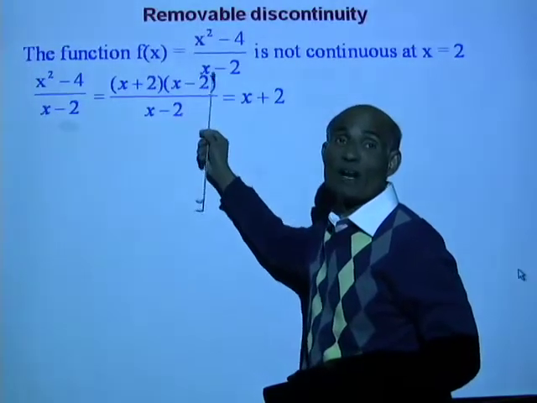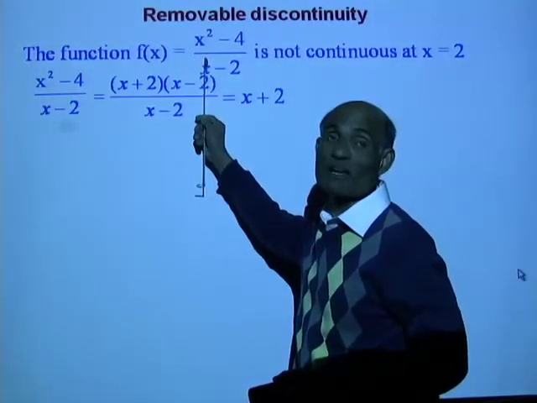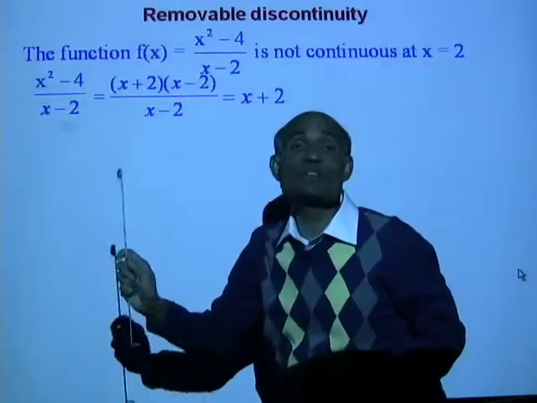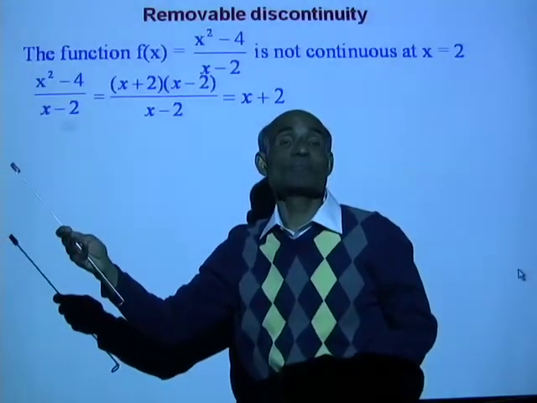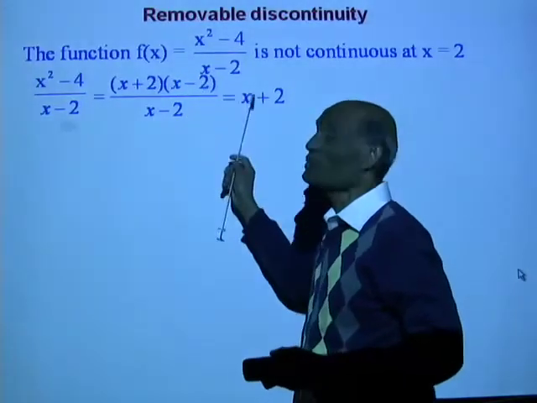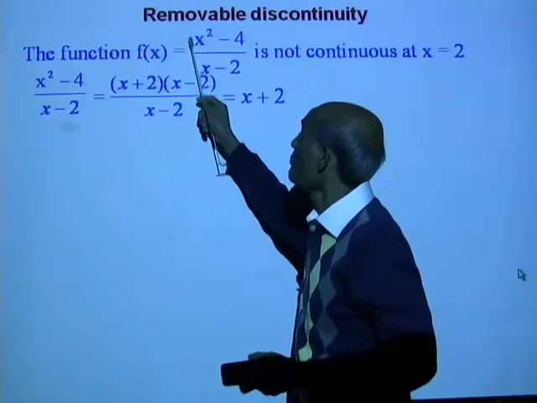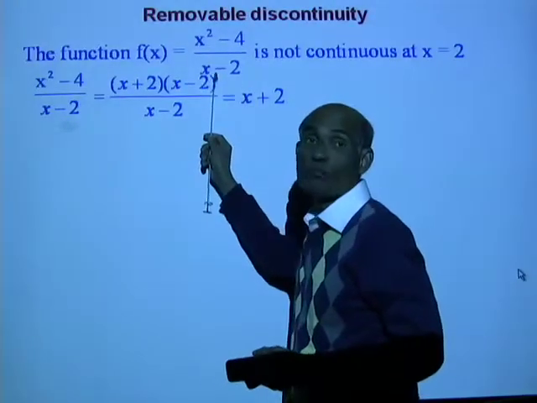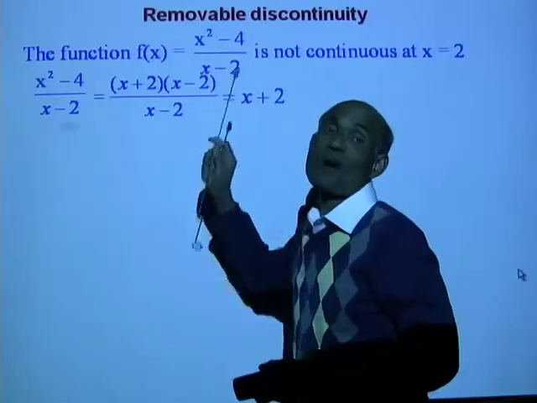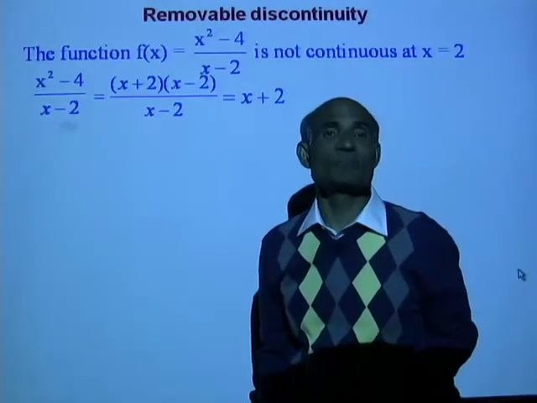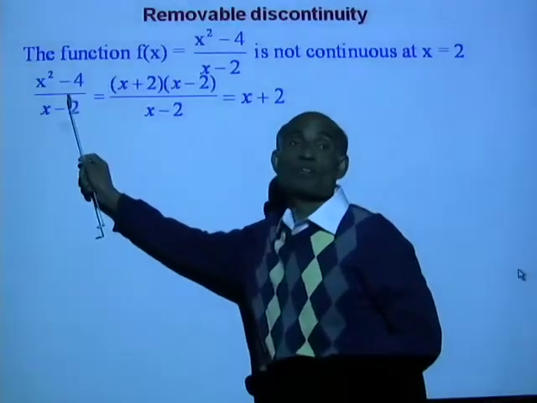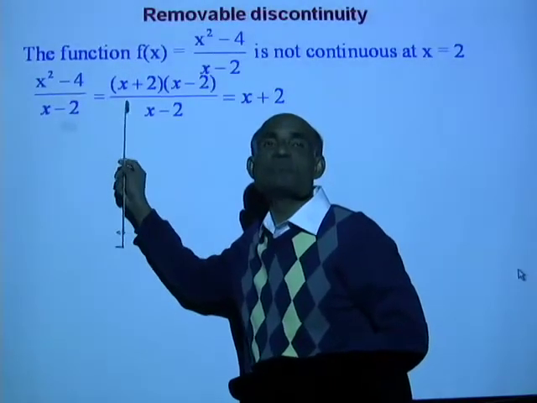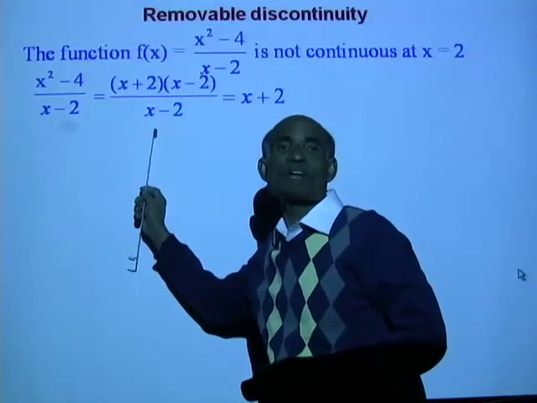Whereas x squared minus 4 divided by x minus 2 is not continuous at x equal to 2. Why? They are both the same. But when you have it in this form, there is no output for x equal to 2. That means this discontinuity can be removed by this algebraic process.